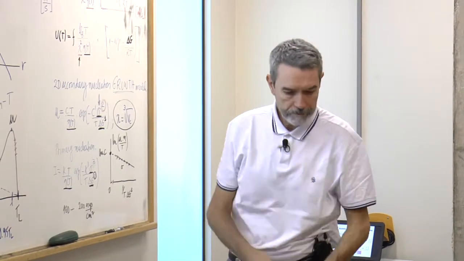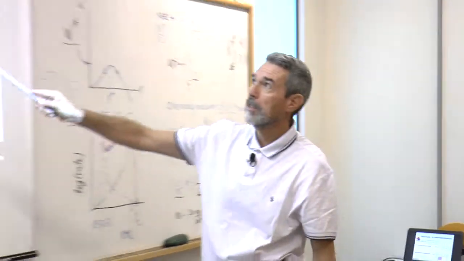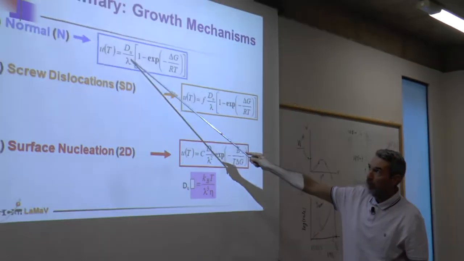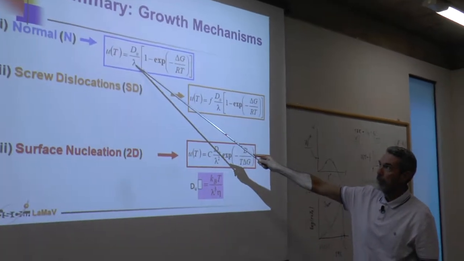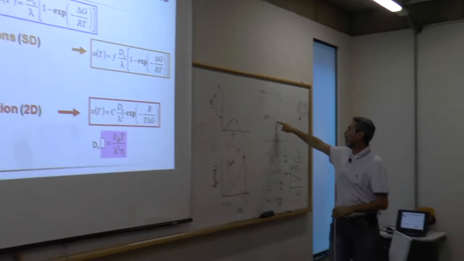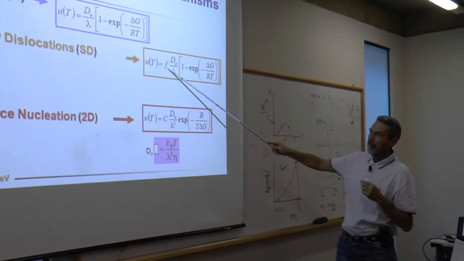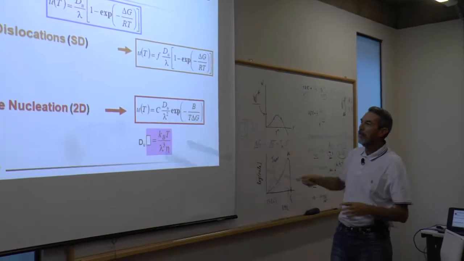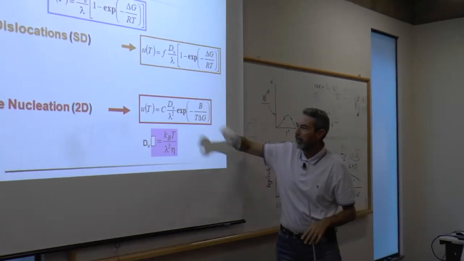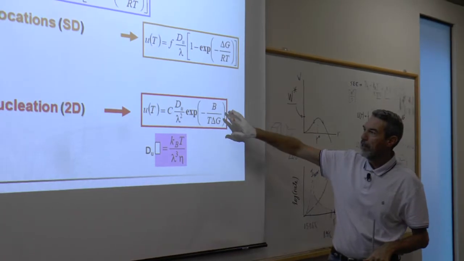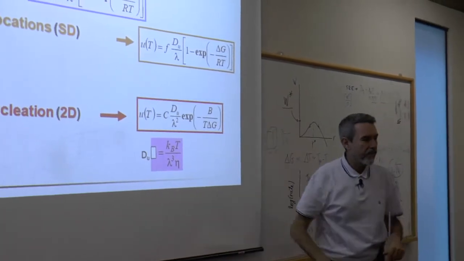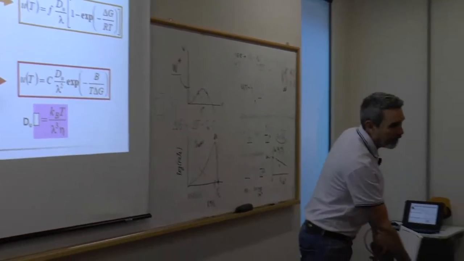Normal growth is D divided by lambda, which gives this lambda square here. Here we have an f, and here you have a whole different expression, which resembles the expression for primary nucleation.